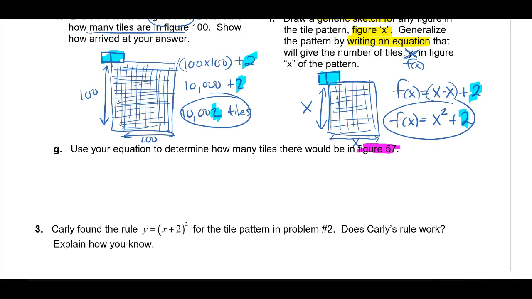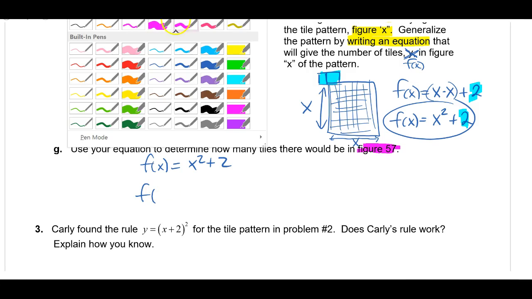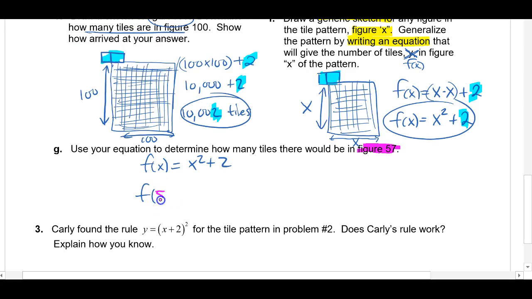Okay, well, we could simply just use the equation by setting it up. f of x equals x squared plus 2. And then we're going to plug in that 57. Because plugging in the number should give us how many tiles there are for figure 57.